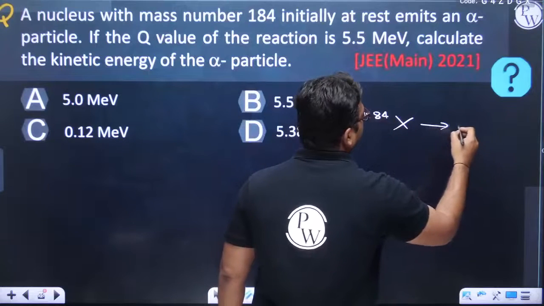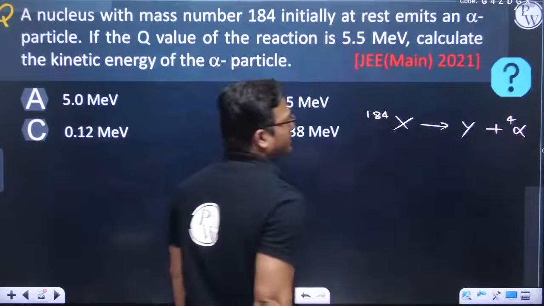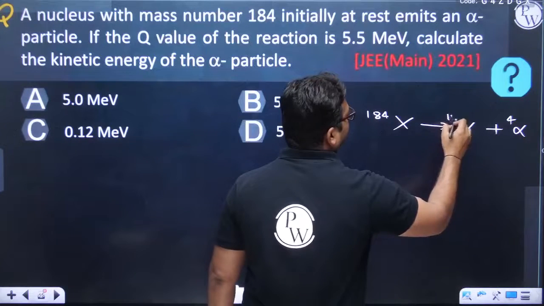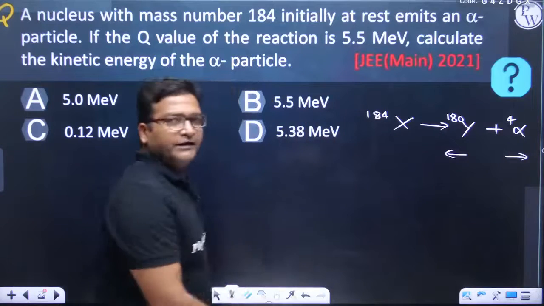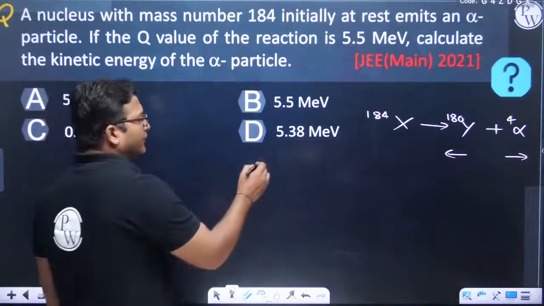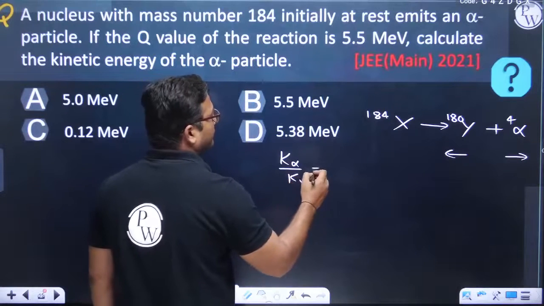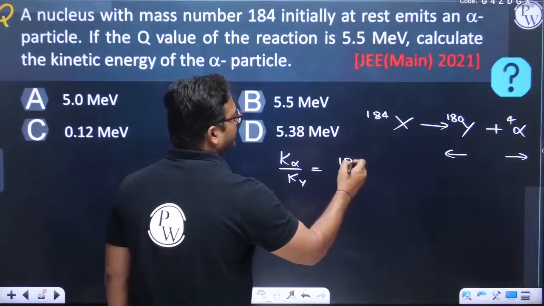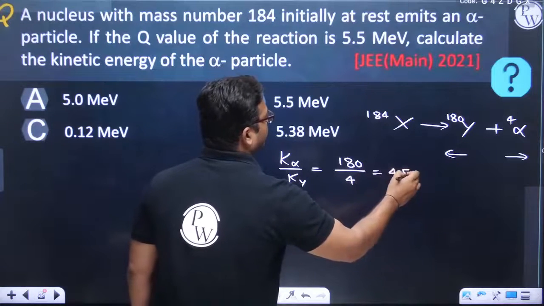It is converted to Y and it emits an alpha particle. The alpha particle has mass number 4, the Y has mass number 180. Obviously, they both move in opposite directions. And as I told you, K alpha upon Ky equals A minus 4, which is 180, divided by 4, and this is equal to 45.